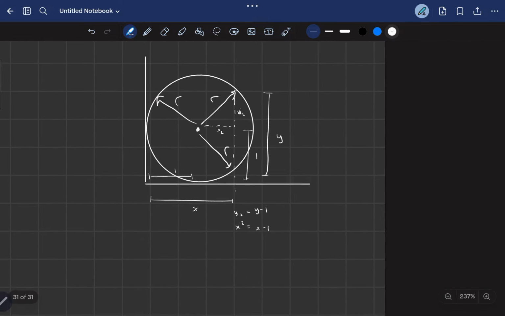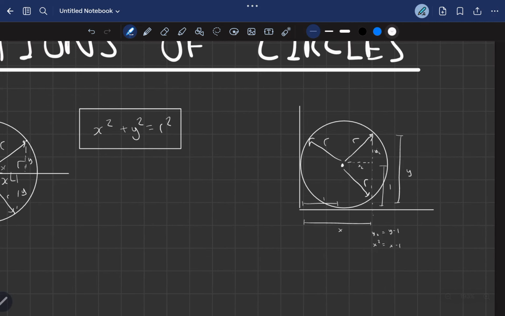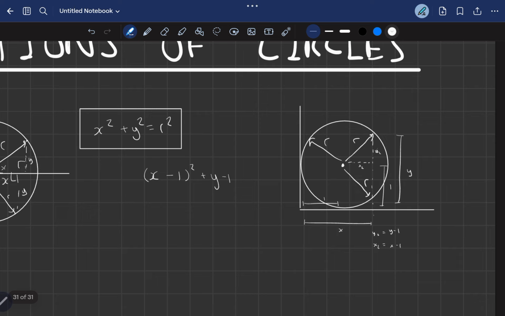Now we can apply the same equation, however we substitute y2 and x2 into this. So we would get x minus 1 squared plus y minus 1 squared is equal to r squared.